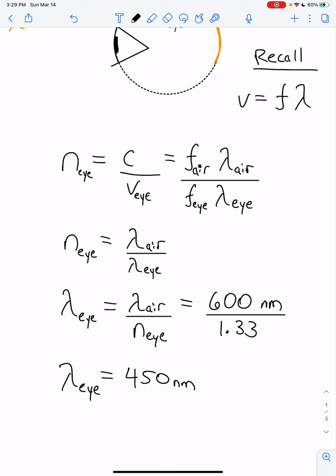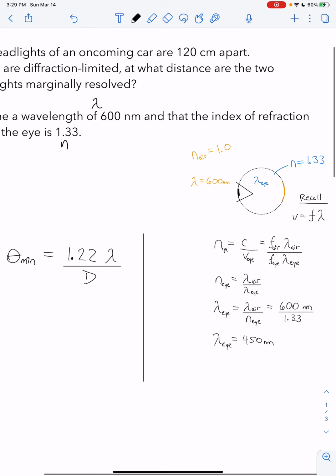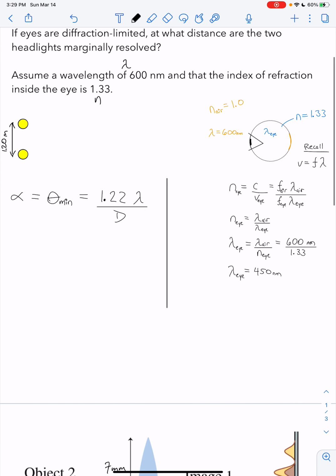So that will make a material difference. Okay, so now we've put this information in the proper context. You may have wondered, why did they give us an index of refraction of the eye? Well, this is why.